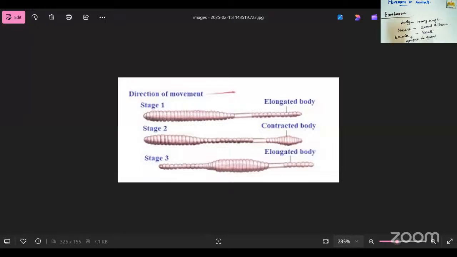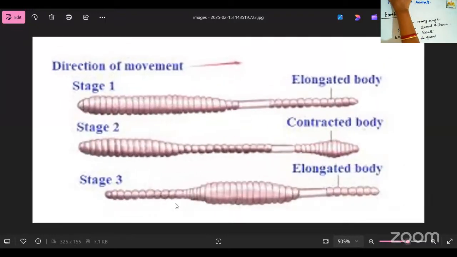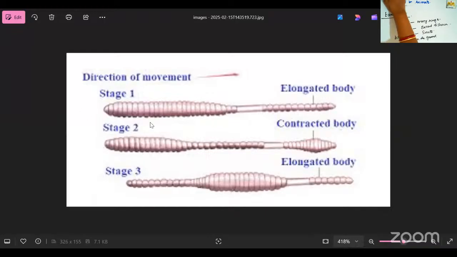Yes, this is the movement of the earthworm, first stage. This is the direction of the movement. First, the earthworm extends the front of the body.